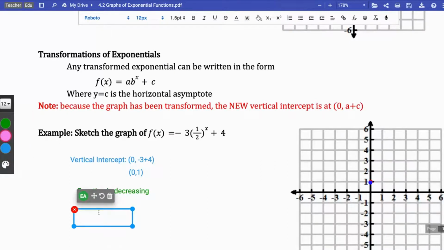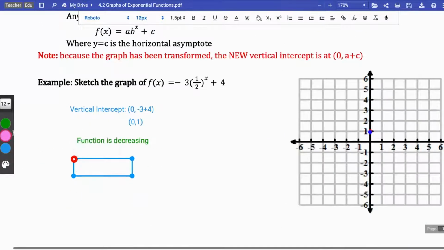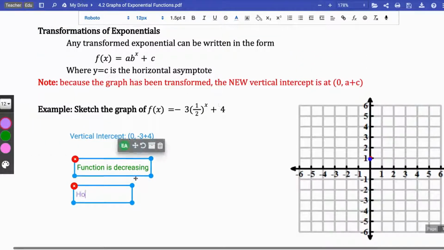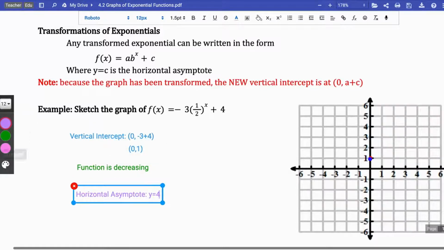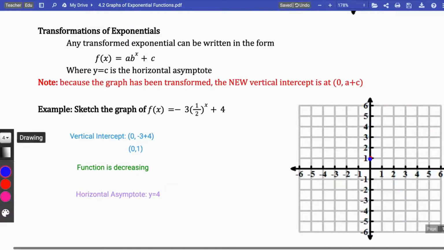So this time the horizontal asymptote's actually at that plus value. Instead of being at y equals 0, it's going to be y equals 4, which means it's going to get really close to touching that line, but not actually touch it. So I'm going to go ahead and draw my horizontal asymptote there.